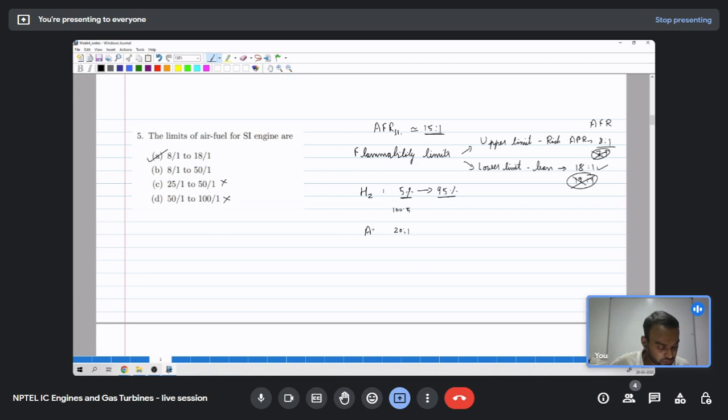For AFR of 20:1, and so this is 95:1, that is 20:19. With this wide range, it can participate in combustion for hydrogen.